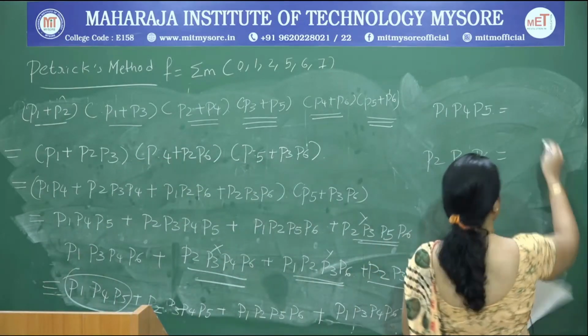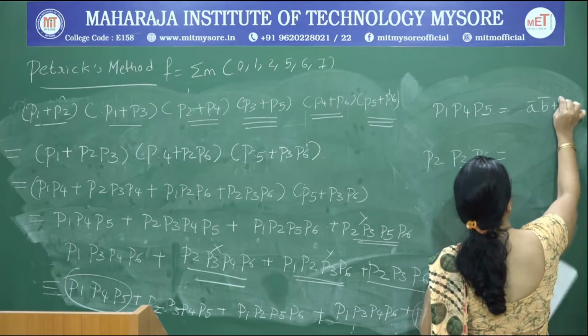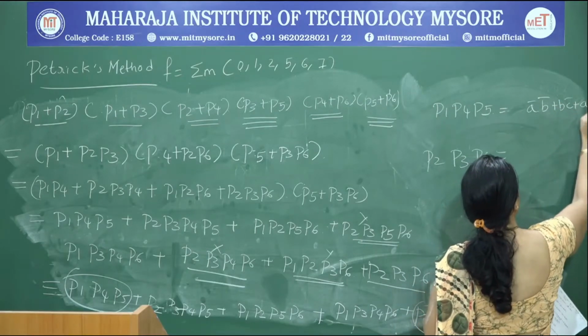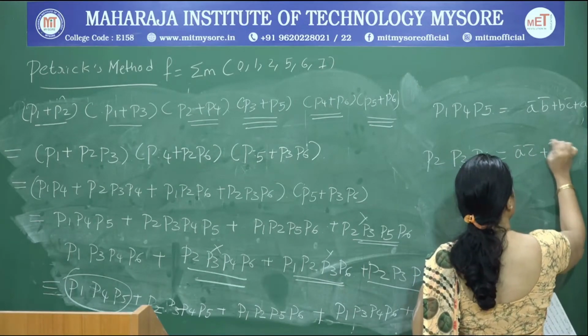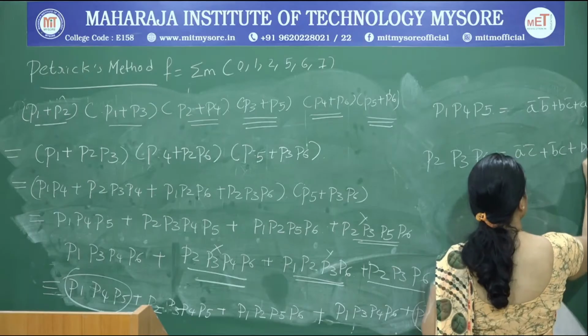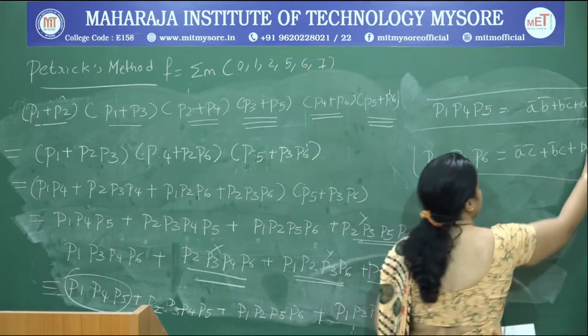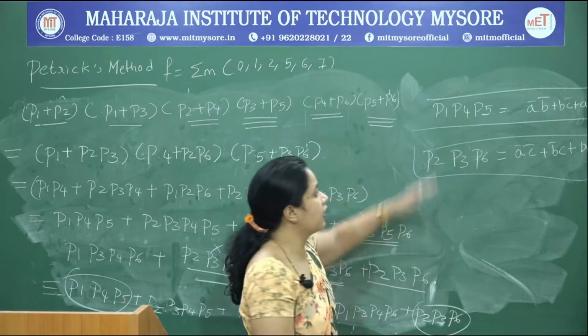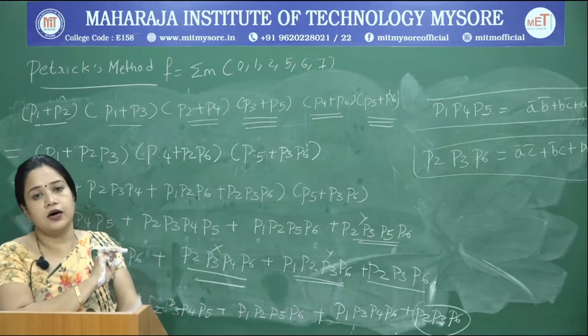So you have, this is A bar B bar plus B C bar plus AC, and this is A bar C bar plus B bar C plus AB. So therein we have 2 minimal solutions. So out of 5 solutions, we have identified these 2 as minimal solutions.